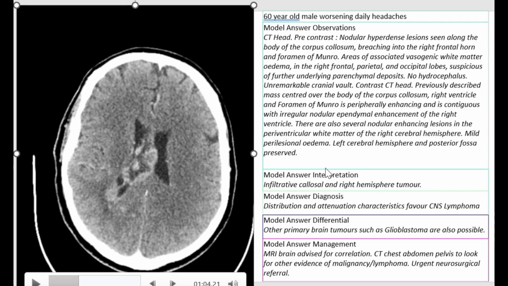So the interpretation here, this is an infiltrative tumor of the corpus callosum and the white matter of the right cerebral hemisphere.